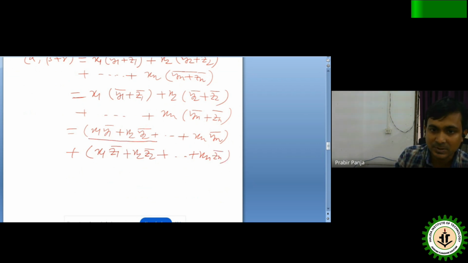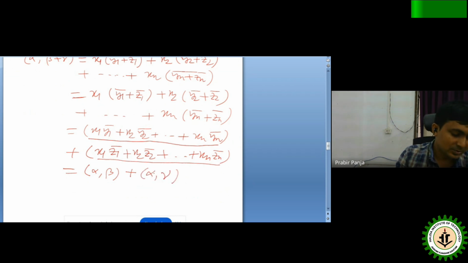The first expression is nothing but the inner product between alpha and beta, and the second expression is the inner product between alpha and gamma. So our third condition is also satisfied by the inner product rule.